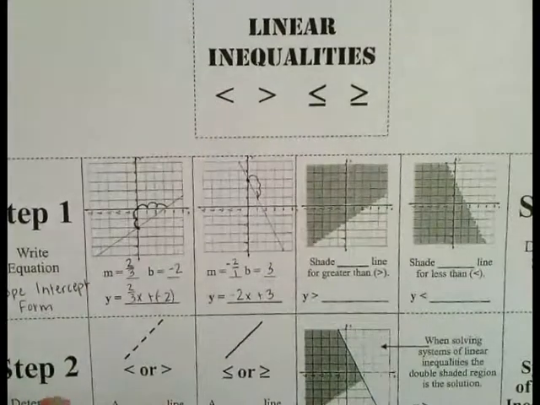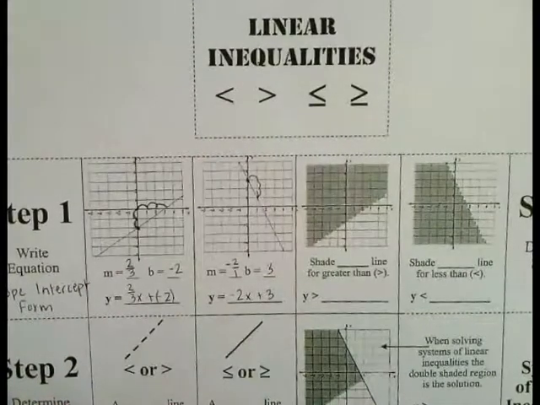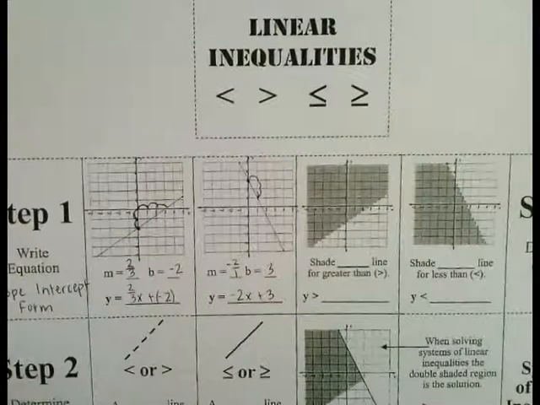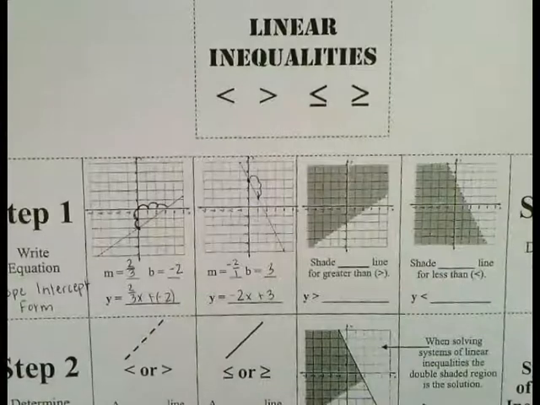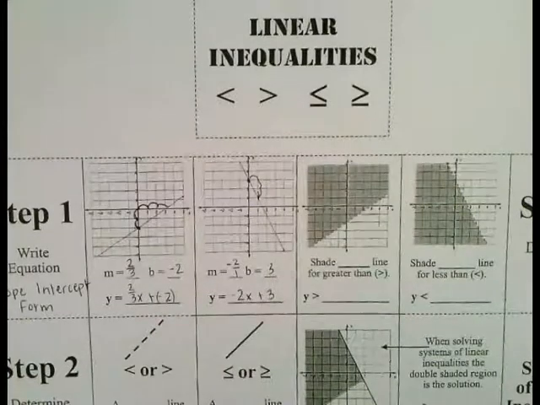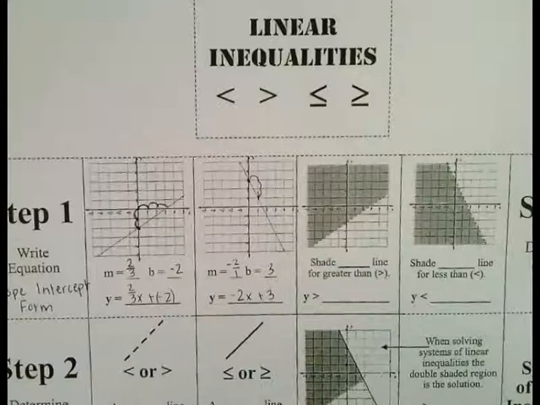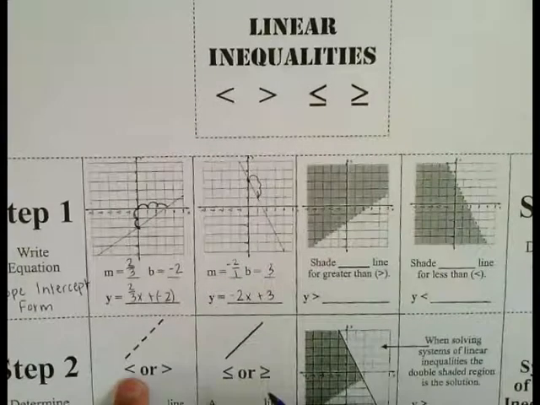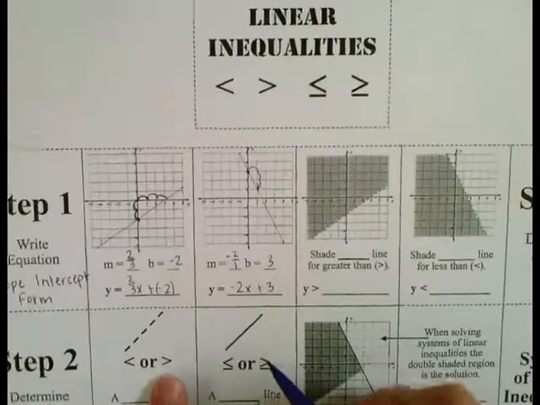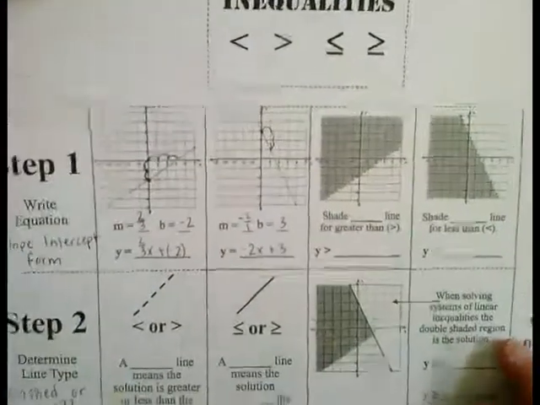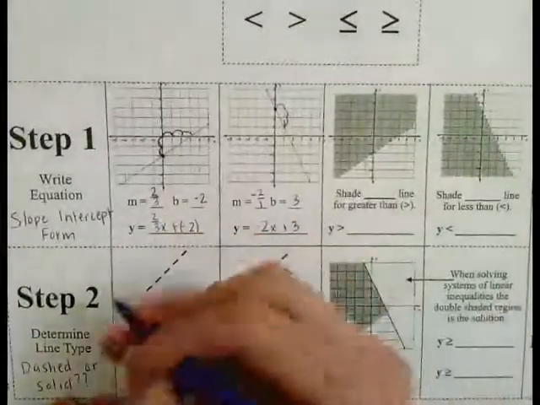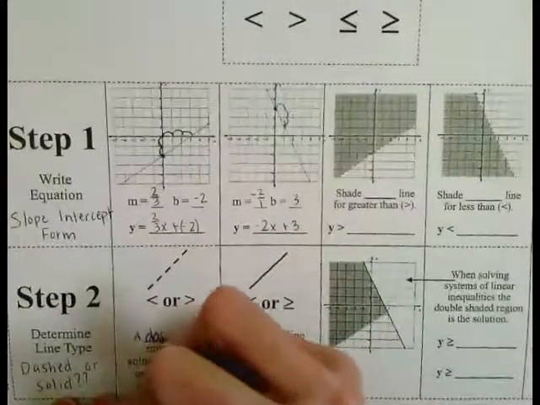It's going to be dashed or solid. Okay, for it to be a dashed line, it needs to be less than or greater than. So that means that it can't be equal to things on that line, on that linear function. It's not going to be equal to. So this is going to be dashed.